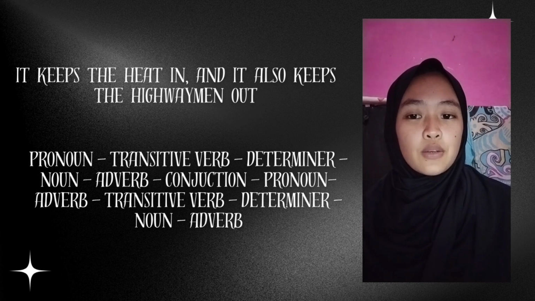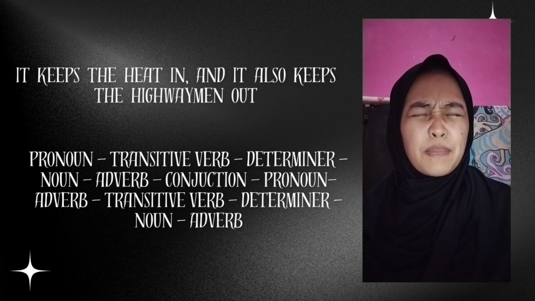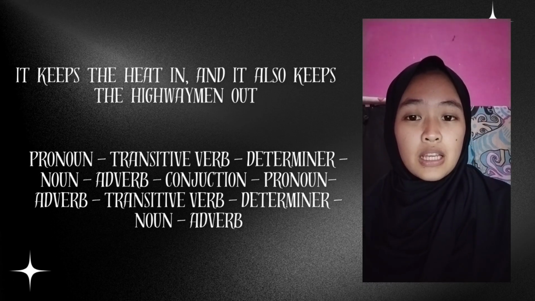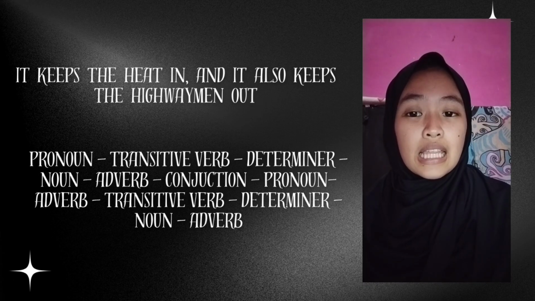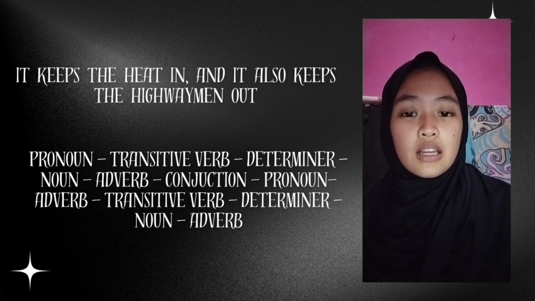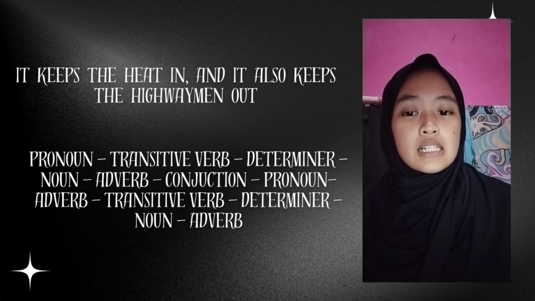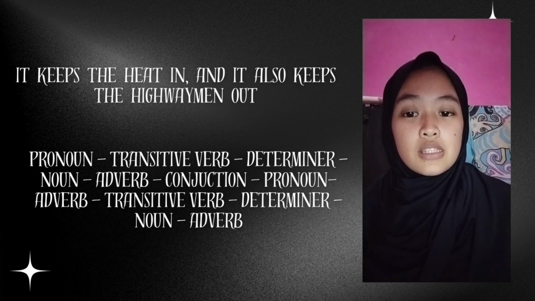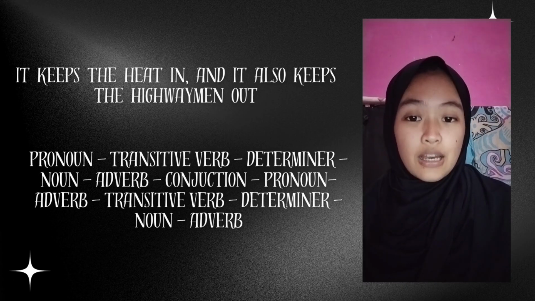Next, I will explain the word categories. The first word, it, is a pronoun because it replaces a noun. The second word, keeps, is a transitive verb because it requires an object. The third word, the, is a determiner because it introduces a noun.